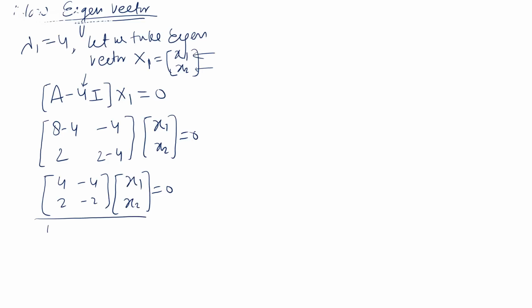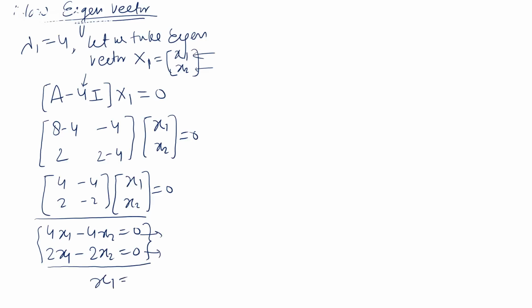We write 4 x1 minus 4 x2 and 2 x1 minus 2 x2 is equal to 0. So we get a homogeneous system of linear equations in which we have two equations and two unknowns. If we solve that system, both equations imply x1 is equal to x2.